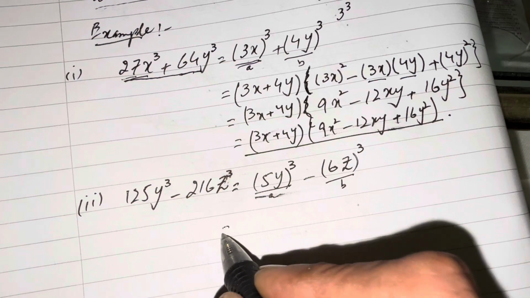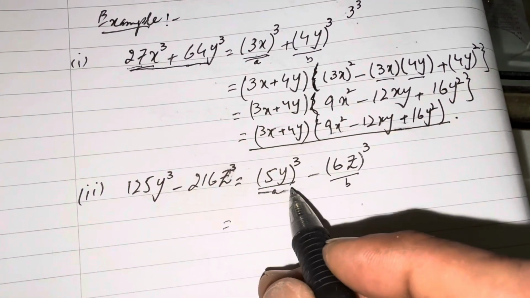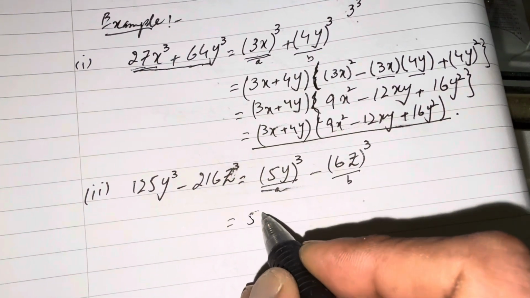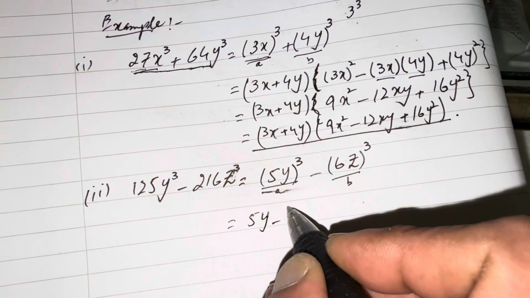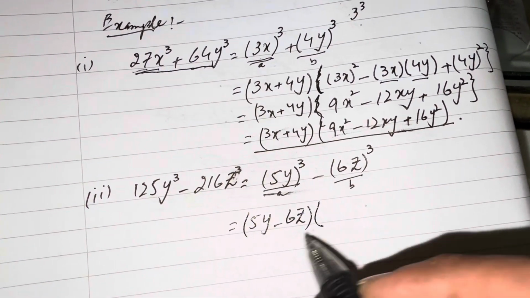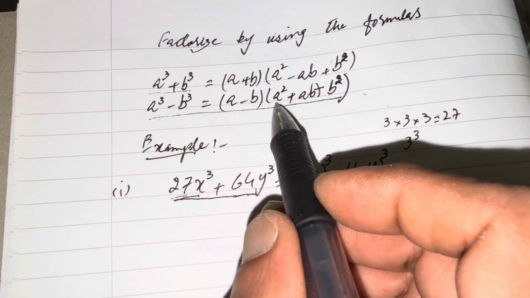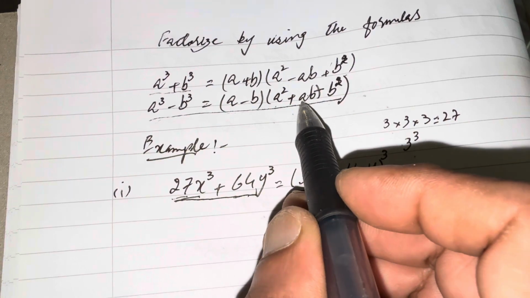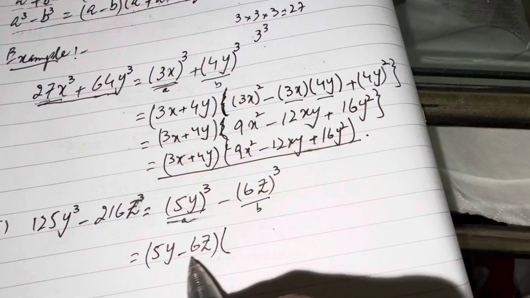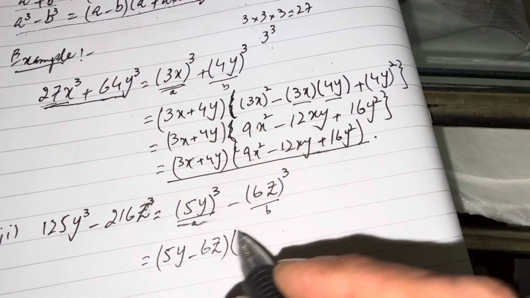So the process is the same, only the sign is different. So here we see first minus second means (5y minus 6z) into square of first plus first into second plus square of second. So square of first means (5y) whole square.